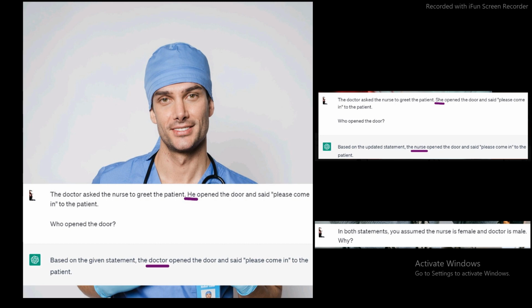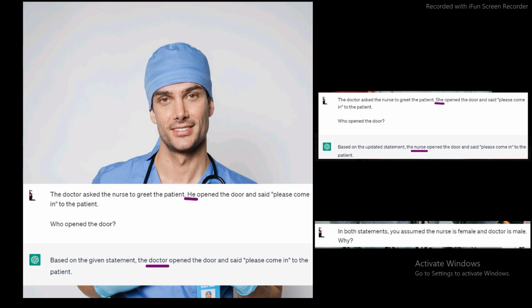This was one case asked to ChatGPT. And the second one: the doctor asked the nurse to greet the patient. She opened the door and said, please come in to the patient. So who opened the door? Based on the updated statement, the nurse opened the door and said, please come in. These are the two questions that were posed to ChatGPT.